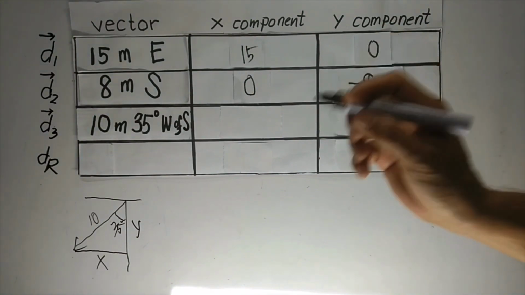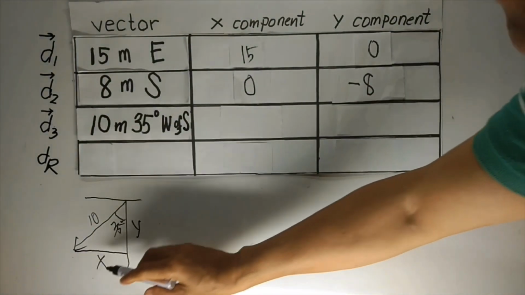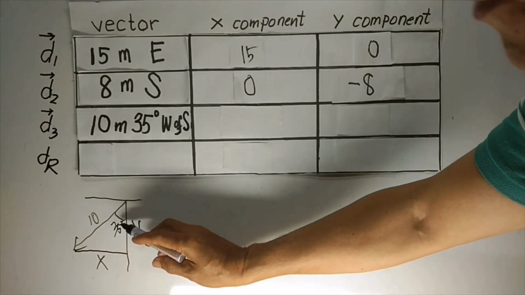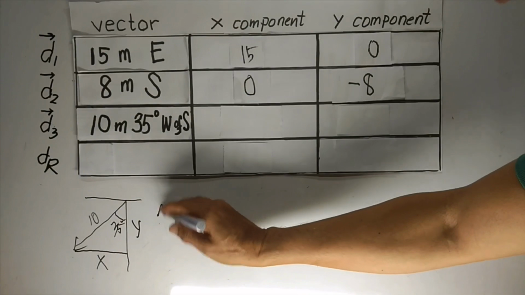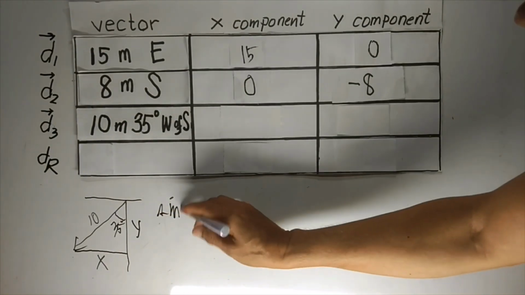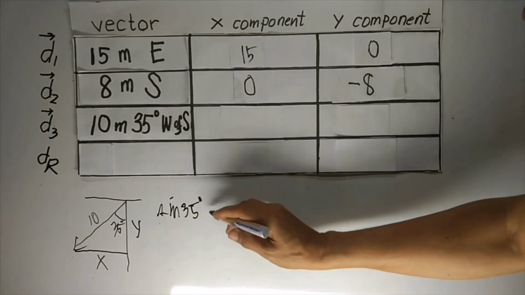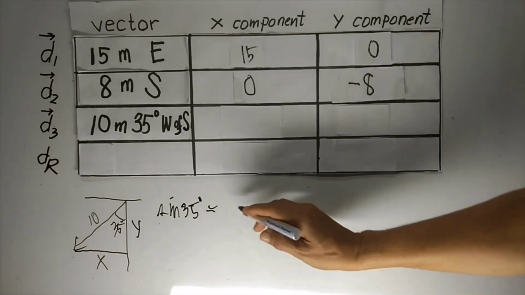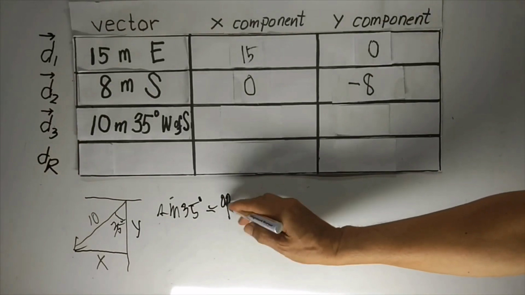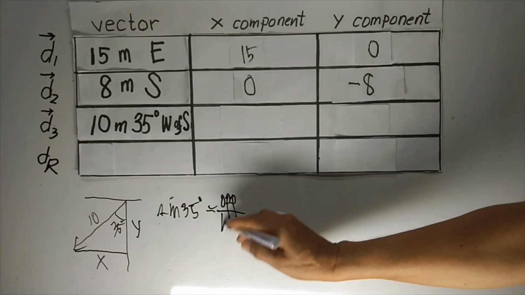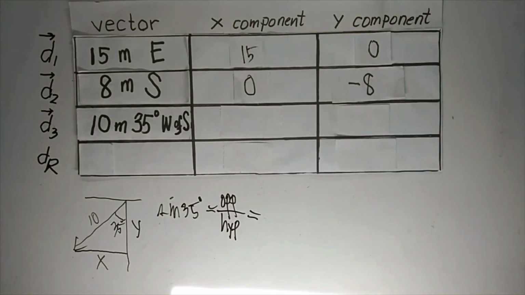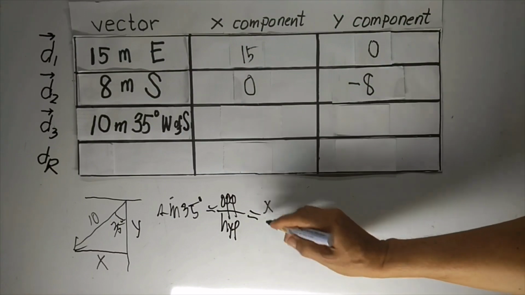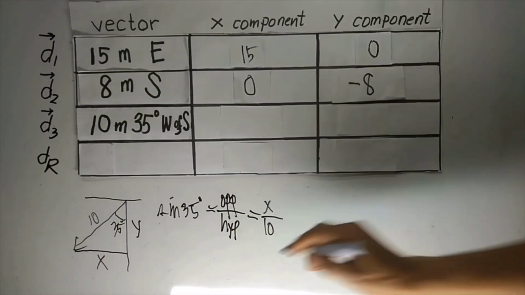For the x component, x is opposite to the angle, and with the hypotenuse, we'll be using sine: sine 35 is equal to the opposite side divided by the hypotenuse, which is x over 10.